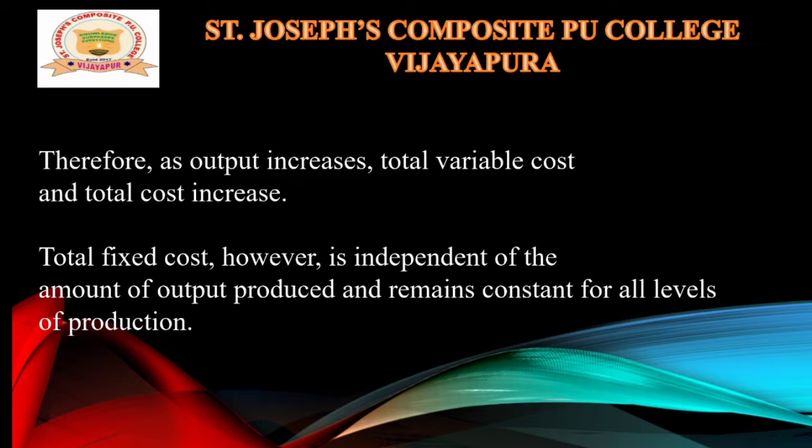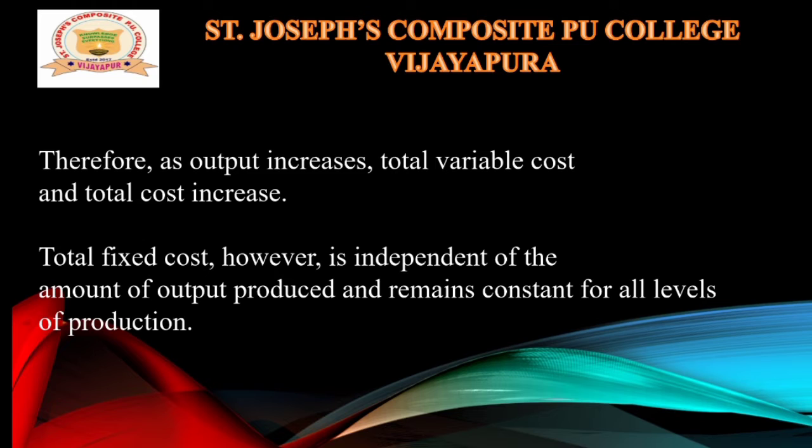Total fixed cost, however, is independent of the amount of output produced and remains constant for all levels of production, because as you know, total cost is the result of total fixed cost and total variable cost, TFC and TVC. So in order to increase the production of output, the firm needs to increase the amount of total variable cost.